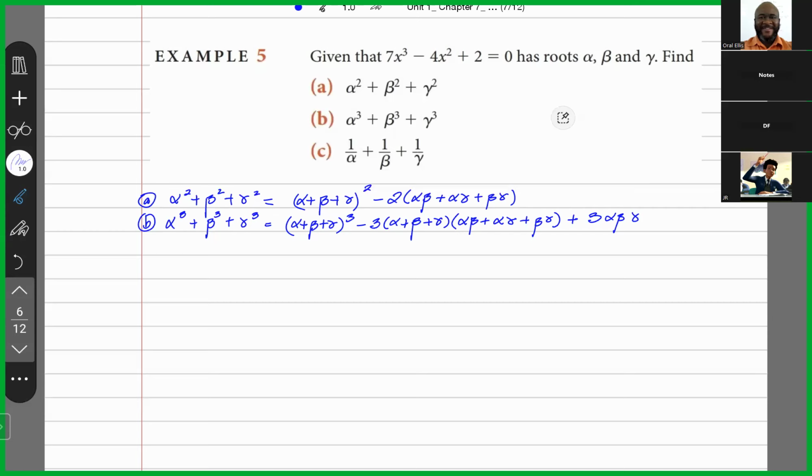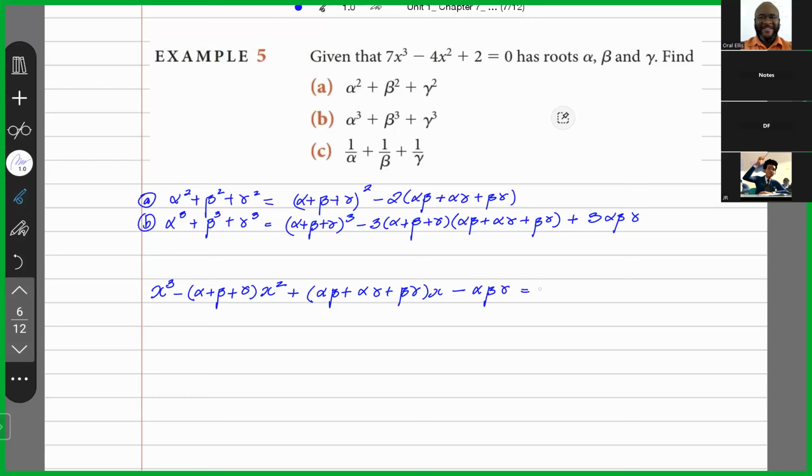Now, this was said earlier: if you know the roots of a cubic equation, so we are told that the roots of 7x cubed minus 4x squared plus 2 equals 0 are alpha, beta, and gamma, then the equation would be x cubed minus the sum of the roots, so it's (alpha plus beta plus gamma) x squared, plus the sum of the product of the roots two at a time, so it's alpha beta plus alpha gamma plus beta gamma, x, minus the product of the roots, which is alpha beta gamma.